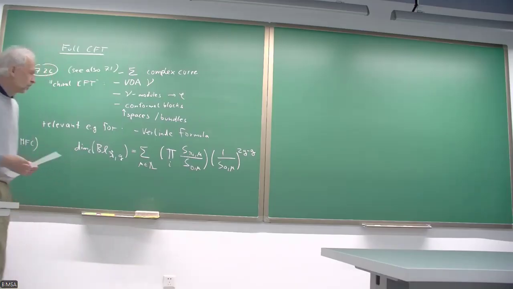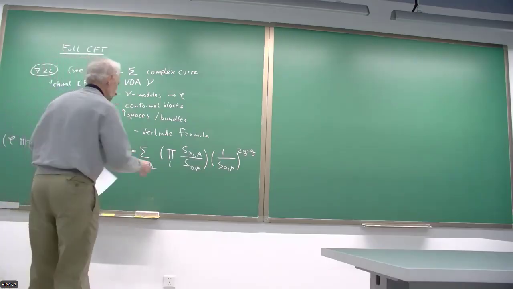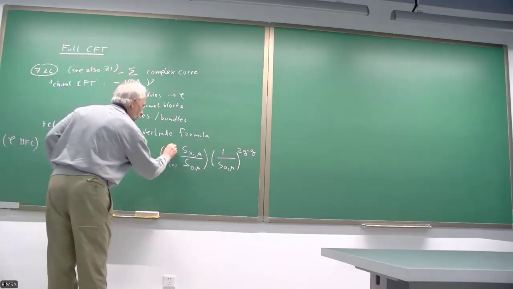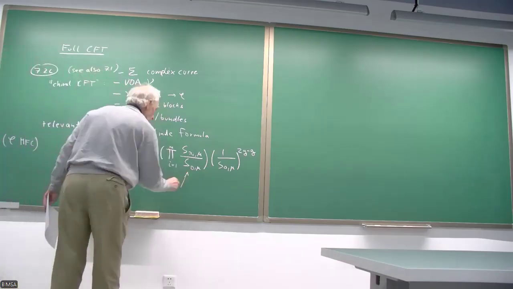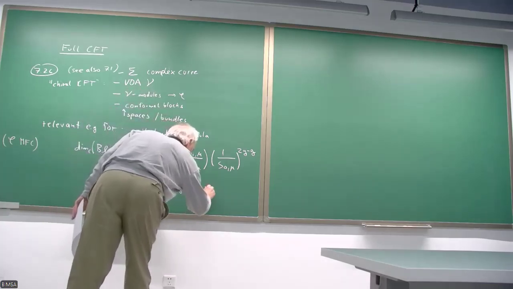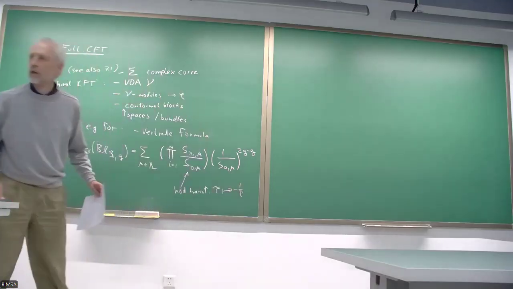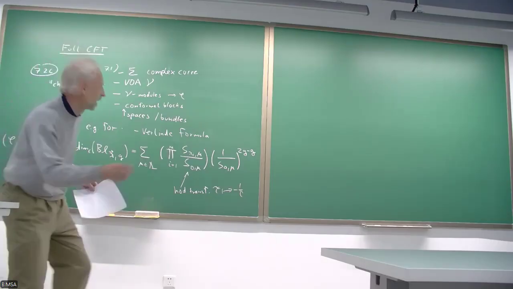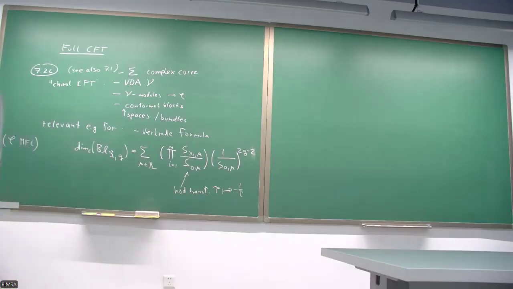In the case of the sphere, which one often starts with, this factor is not there, and often one also looks at the situation that m, the number of tensor factors, is equal to 3. And the matrix S here, remember, comes from the modular transformations of characters. Is it 2g minus 2? Thank you.